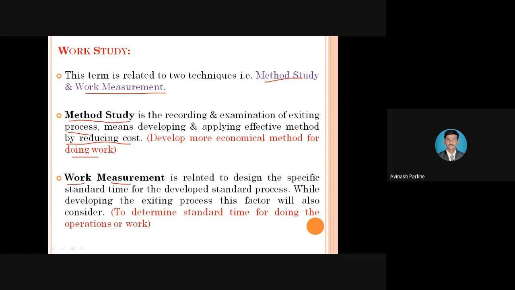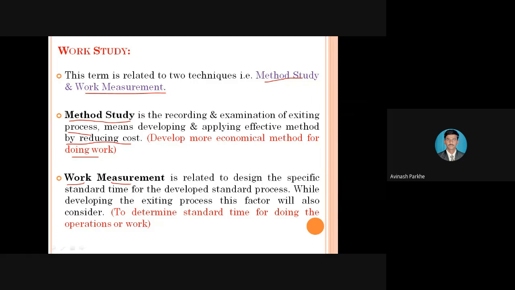In method study, either we are modifying the existing process or we are developing a new process. If a new process is developed, how much standard time is required for this new process can be measured by using the concept of work measurement. This is one thing.